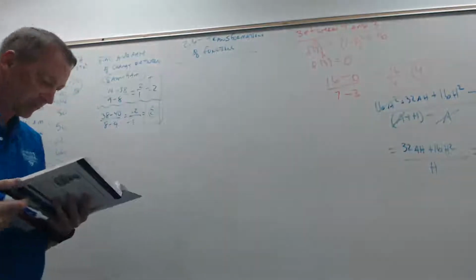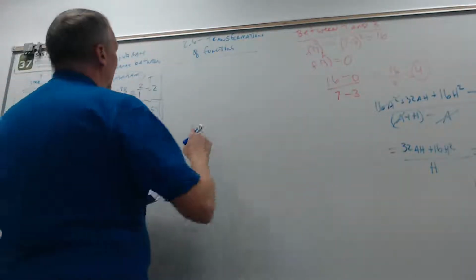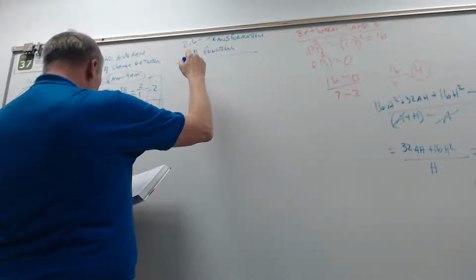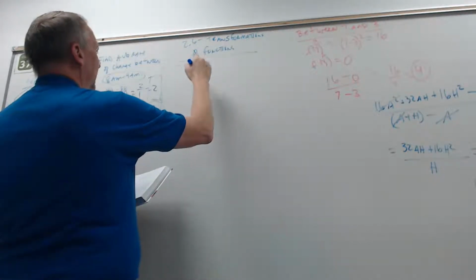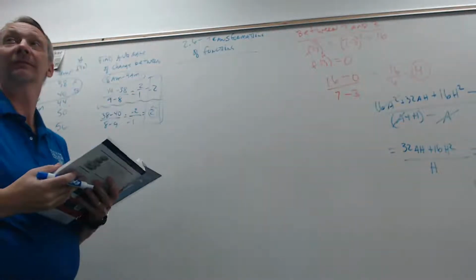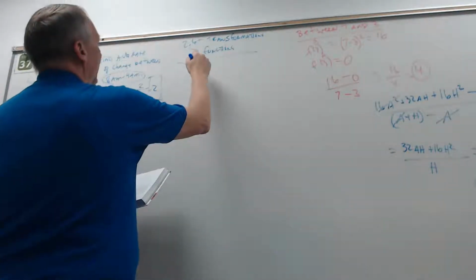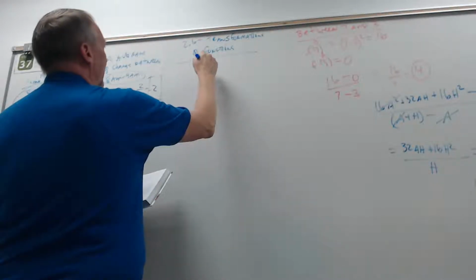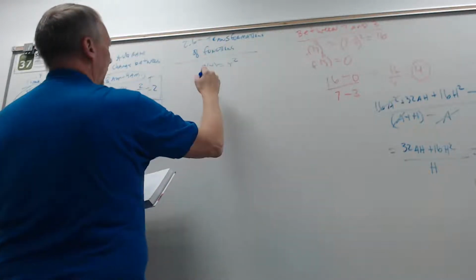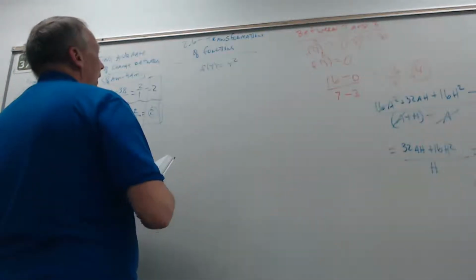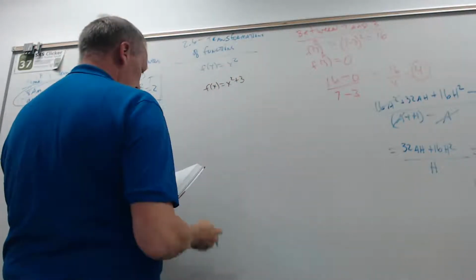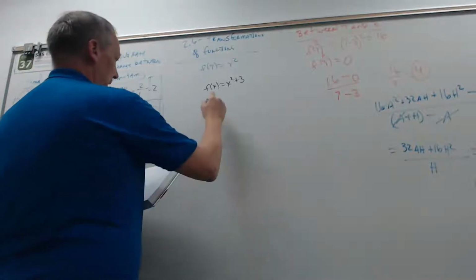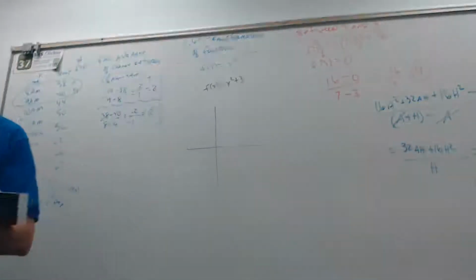The idea here is, first of all, what I'd like to do: if I had f of x equals x squared, and I had, this is where I do want to use multiple colors, f of x equals x squared plus 3. And I told you I wanted you to graph both functions on there.